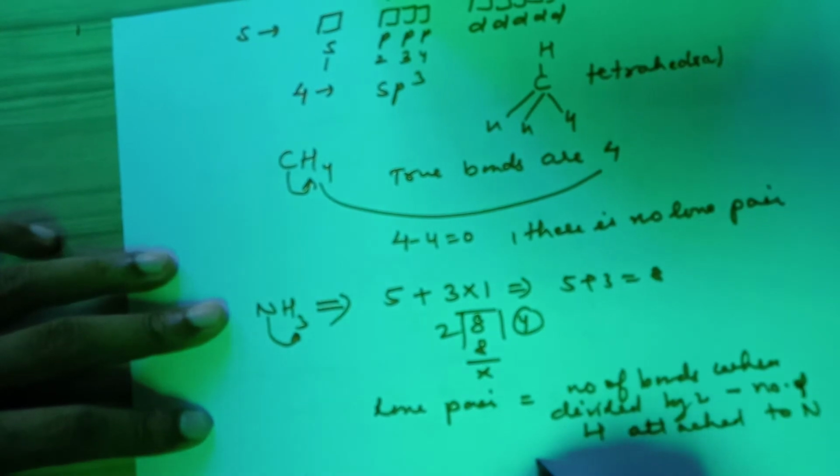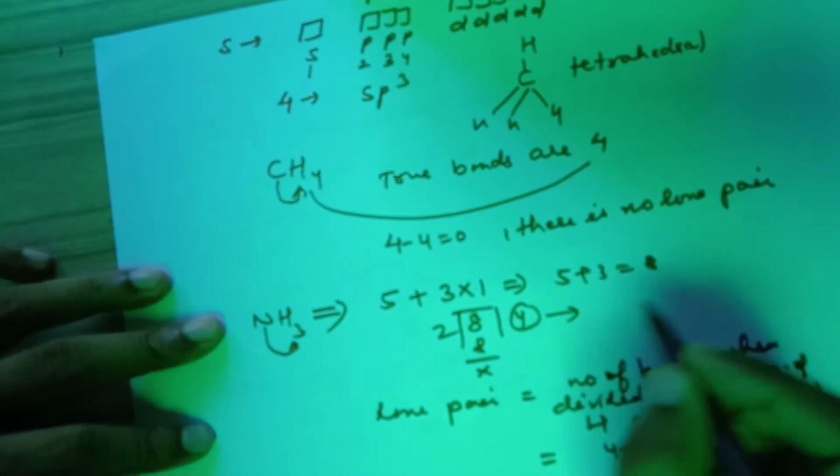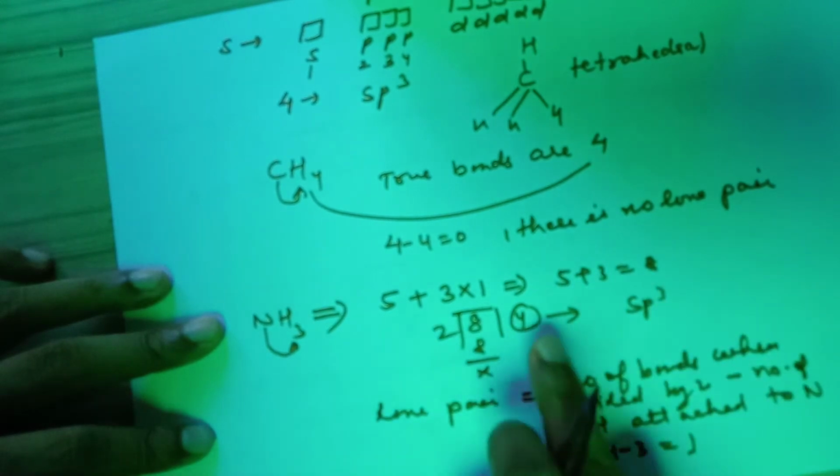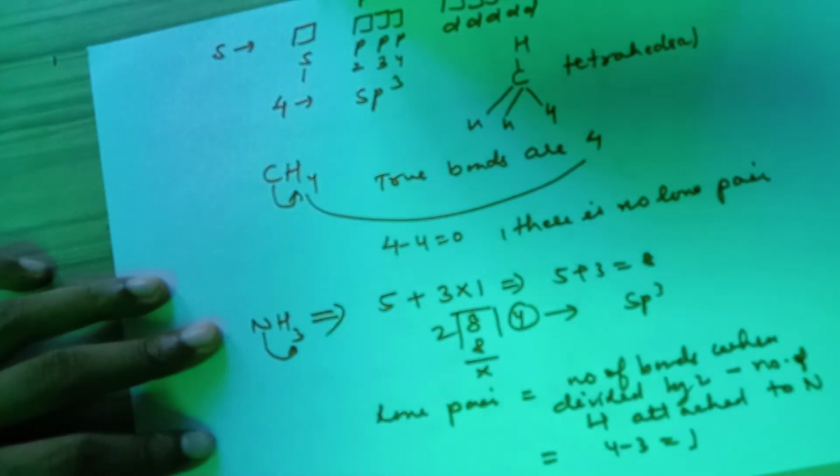So it will be 4 minus 3, which is 1. There is one lone pair. Hybridization for it will be sp3 only, because there are 4 bonds, so it will be sp3 hybridized only.